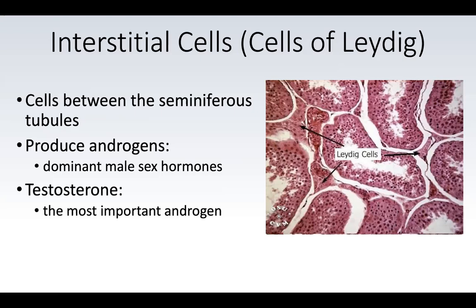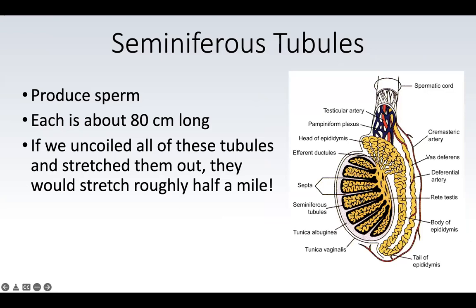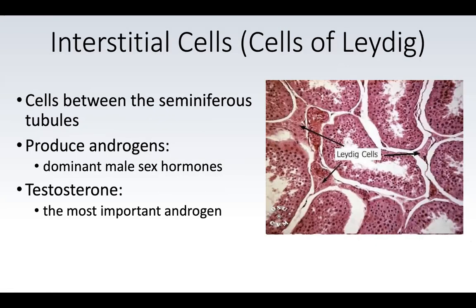The more mature they become, the closer they are to the lumen, because once they are matured, they have to travel through the lumen of the seminiferous tubules to the epididymis, where they will be stored until it is time for emission and ejaculation.